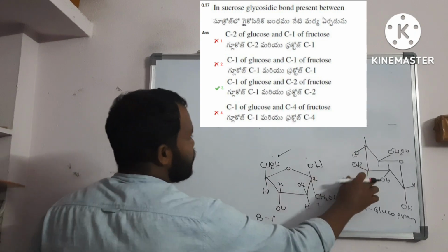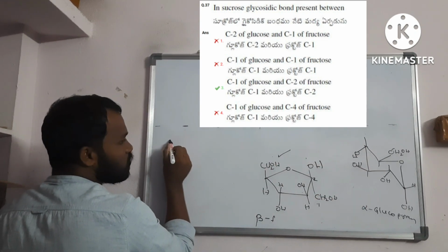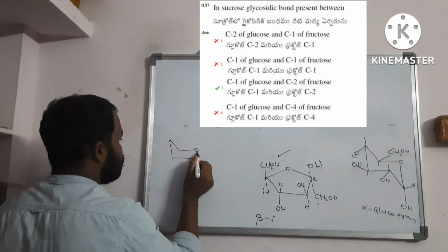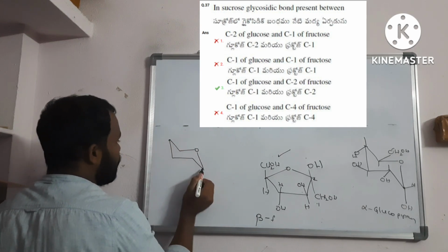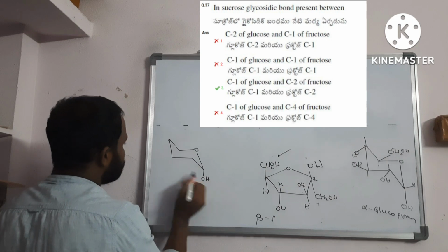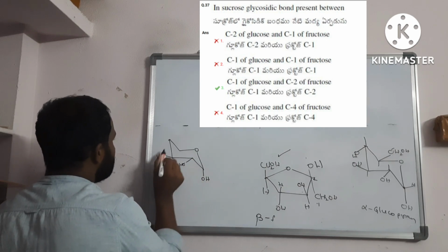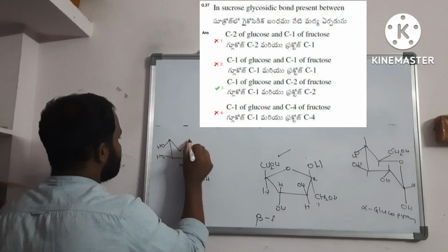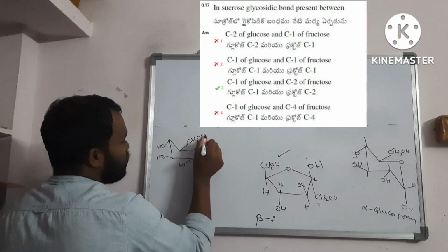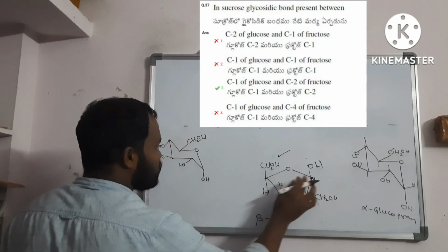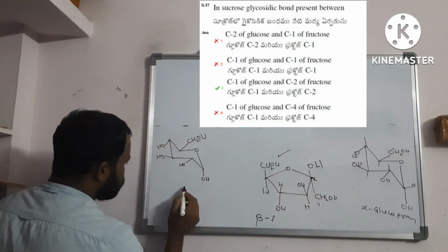So first I am going to take the glucose, right? What is the glucose structure? I am writing only hydroxyl groups, OH. So this is OH here, OH here. This is OH, and remaining here CH2OH. But while I am taking this, for our convenience, you can also write like this.